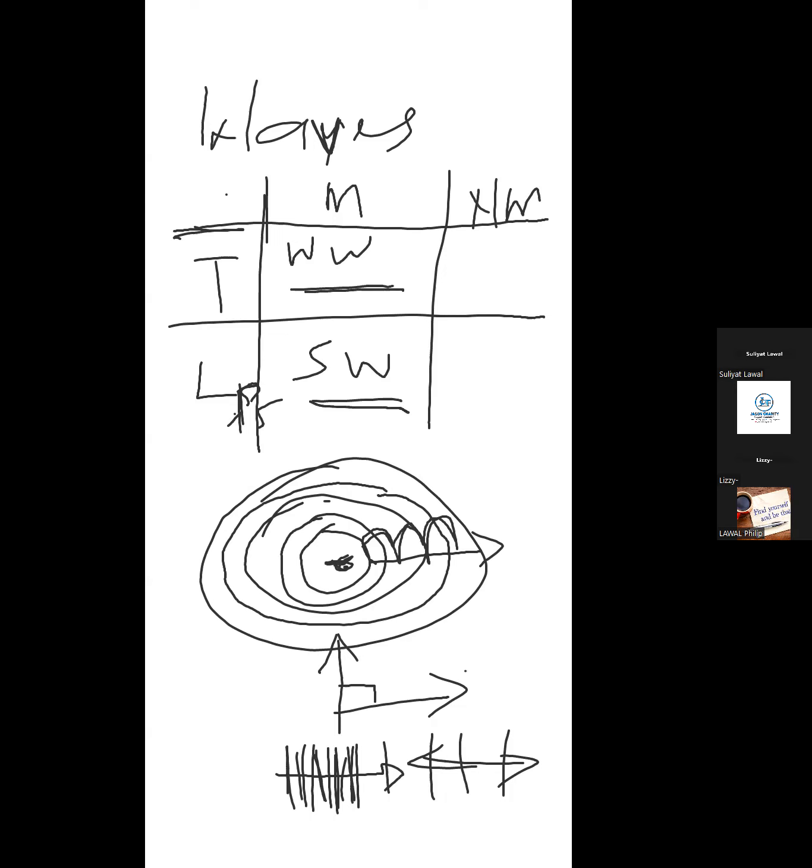The direction of travel of a water wave and the direction of travel of the medium are at right angles to each other. They are perpendicular, yes, that's the word I'm looking for. They are perpendicular to each other. That's why we call it a transverse mechanical wave. It is transverse and it is mechanical.